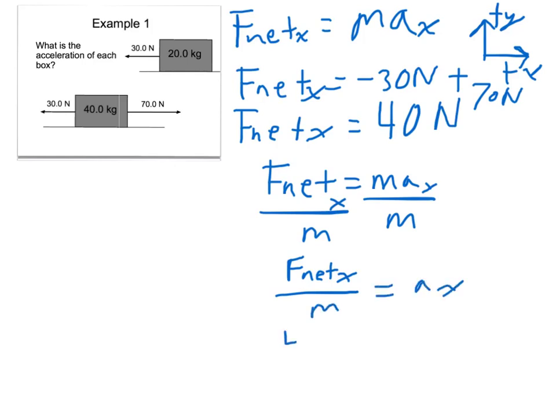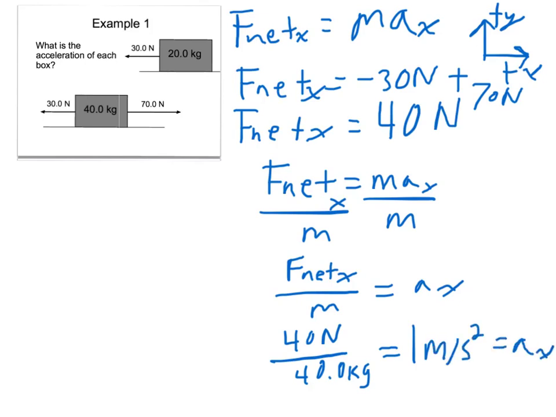My F net was 40 newtons. My mass was 40 kilograms. I made this problem too easy. 40 newtons divided by 40 kilograms gives me 1 meter per second squared. That is my acceleration in x. Check and burn. Now let's do y.